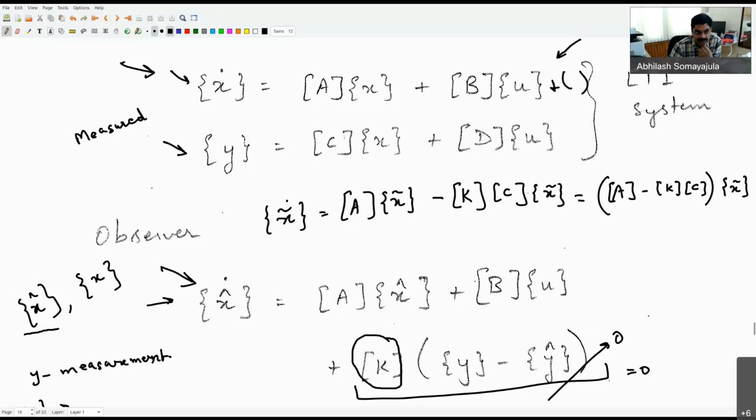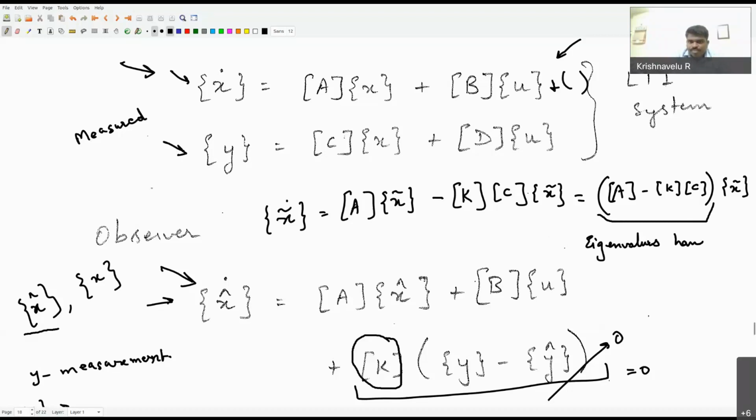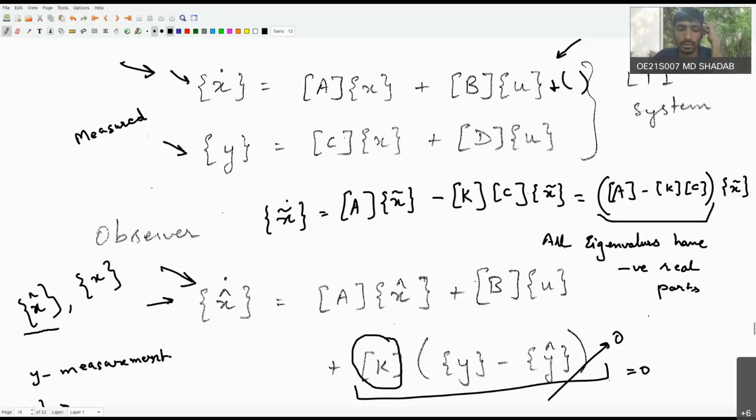The error will go down to 0 as long as this matrix's eigenvalues have negative real parts. All eigenvalues have negative real parts. So as long as that is the case, this will go down to 0.